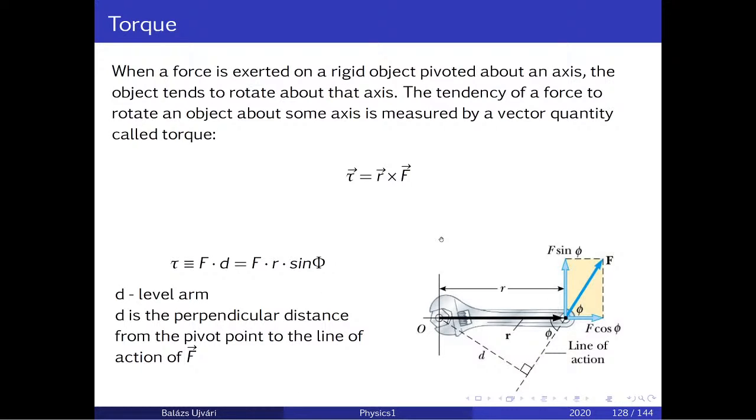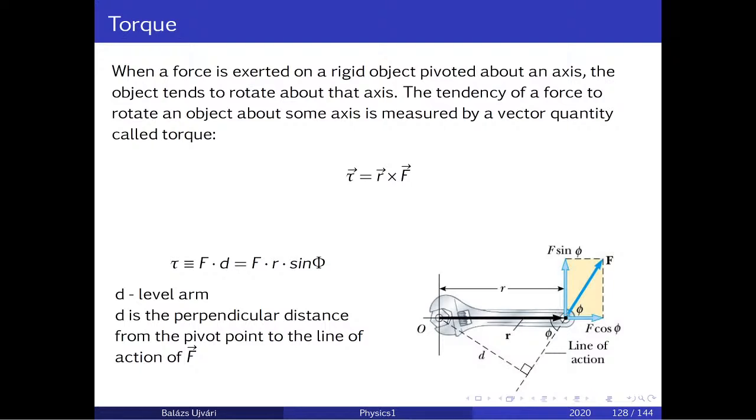Let's talk about torque. Torque plays a similar role in rotation as force plays for translation. This is the definition of the torque. This is a vectorial multiplication. If we rotate in 2D, like in the plane of the screen, we have to suppose that the origin is the axis of the rotation.